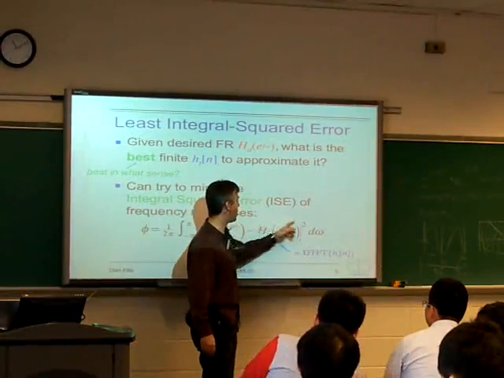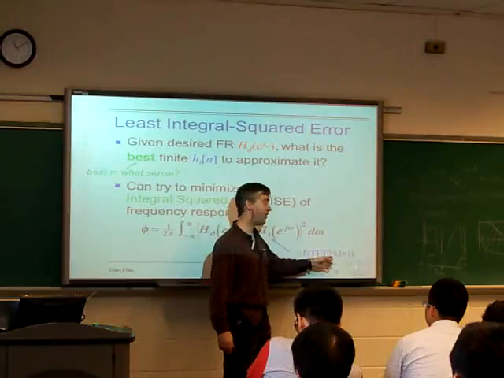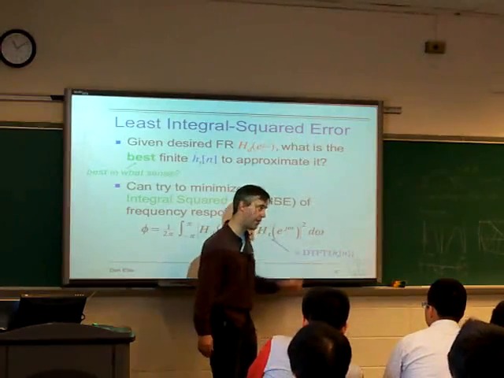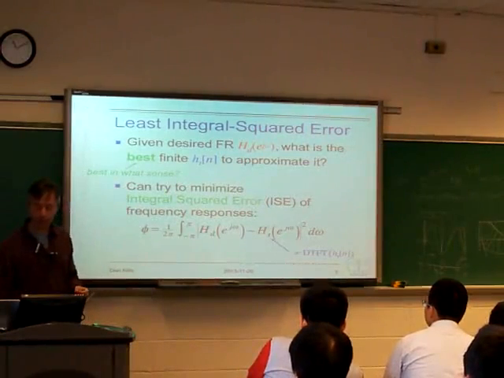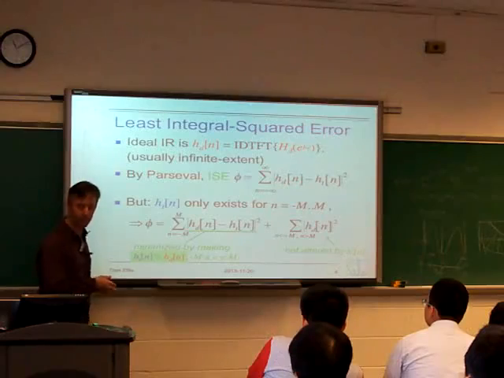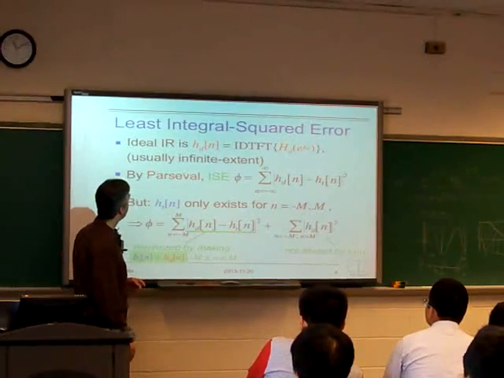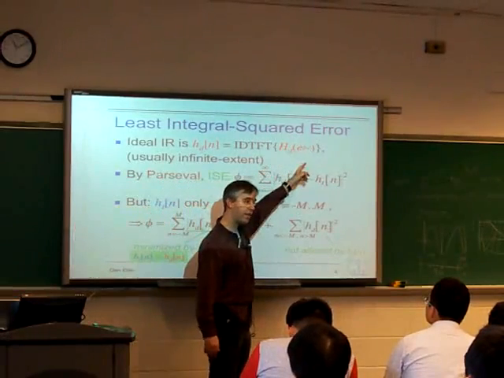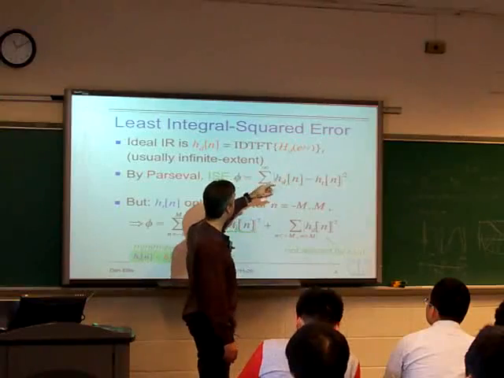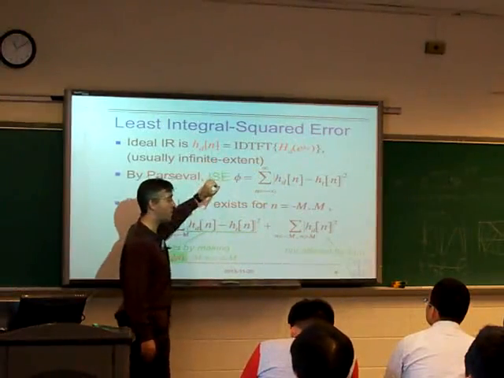Of course, if we've got a finite impulse response, a system is defined by its impulse response, then this H_t of e^{jω} is just the DTFT of that impulse response, which is something we can calculate, or write down in closed form. Similarly, if we've got a desired frequency response, H_d of e^{jω}, we can figure out the impulse response of that system.